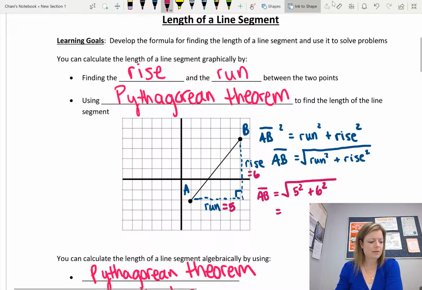So this is the square root of 25 plus 36. So that is the square root of 61. Now, instead of turning that into a decimal, we're going to leave it as square root 61 because this is an exact number that can be put into your calculator.